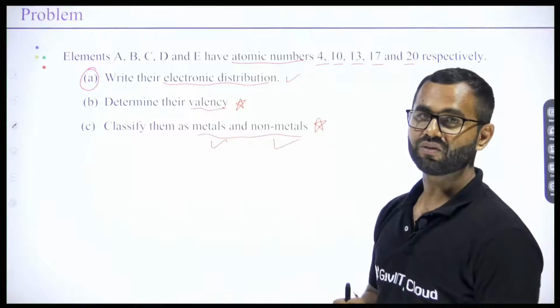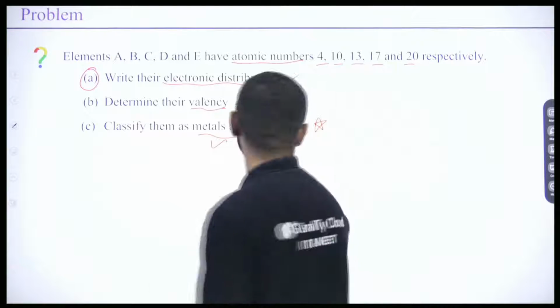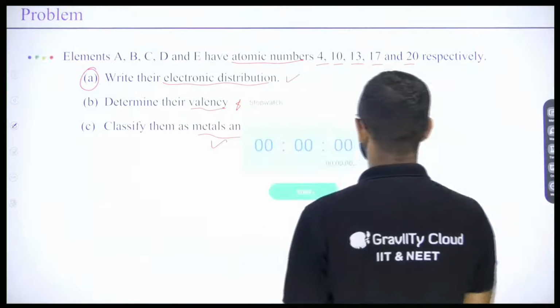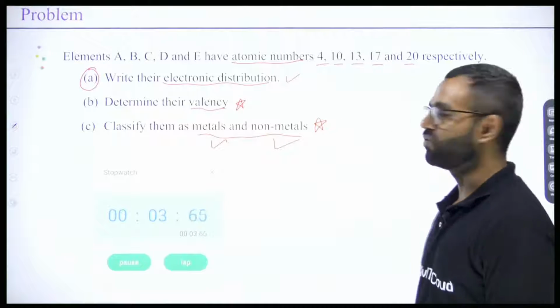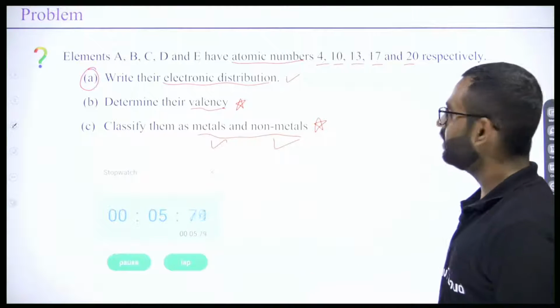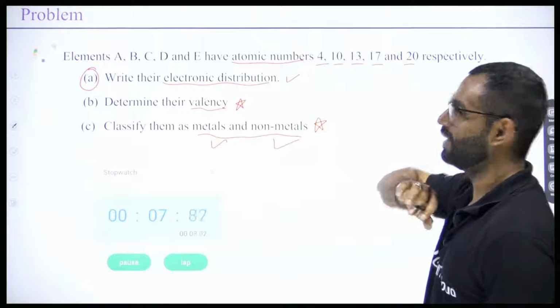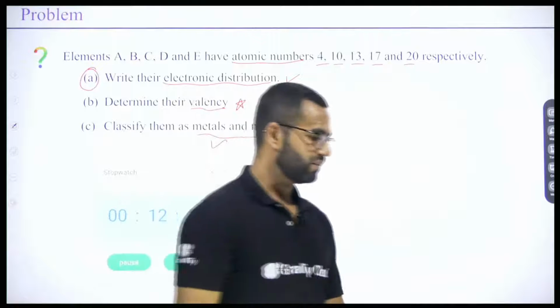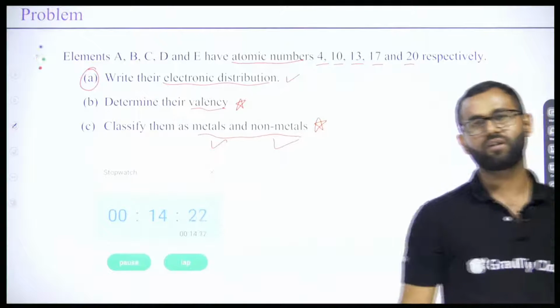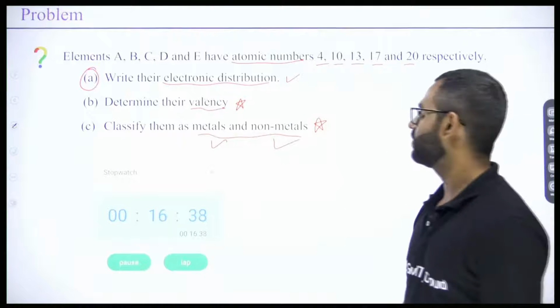I will tell you this also. So first of all, write the electronic configurations. I give you 1 minute. Write the electronic configuration of these elements, and then I will tell you how to determine their valency and how to classify them as metals and non-metals. Your timer is running, just do it.